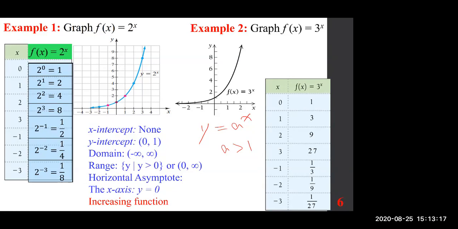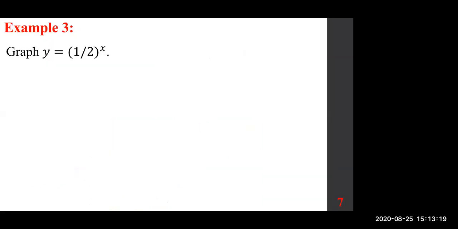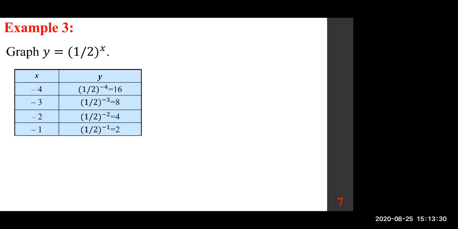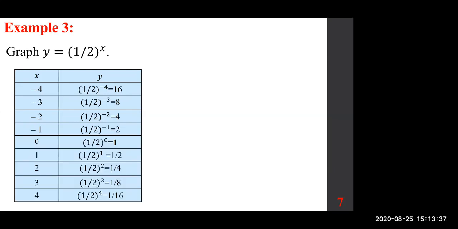Now, 1/2 to the power of x. We do the same thing. In the beginning, we just pick up a bunch of pairs. Let's do that. I'm hoping we have no problem plugging in. So we get a bunch of pairs.